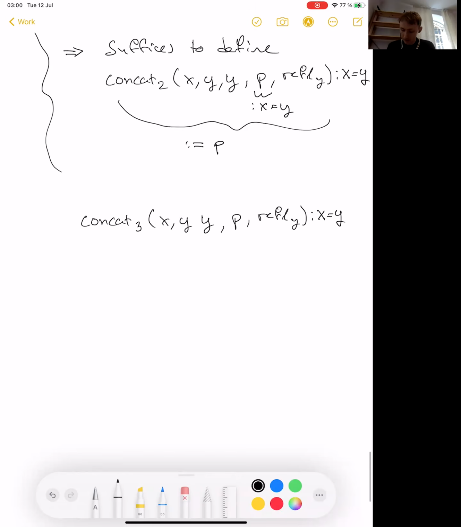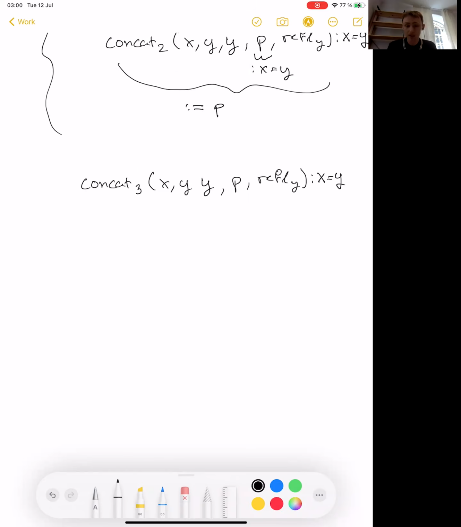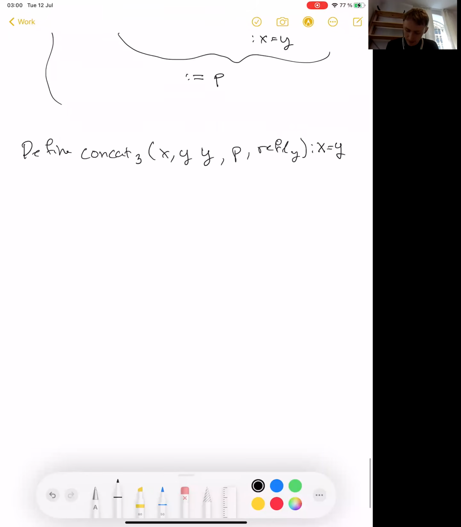But now what we can ask, well, we can continue doing path induction because we love path induction so much. We can just apply path induction again on P. So we're going to define concat 3 by a further path induction on P this time.